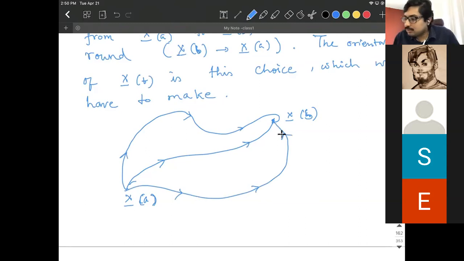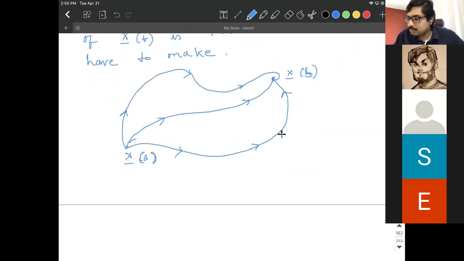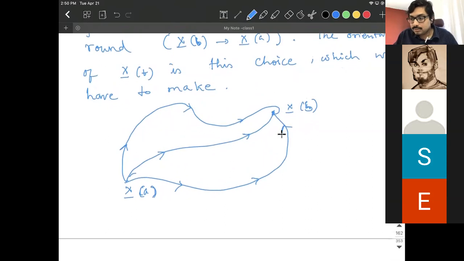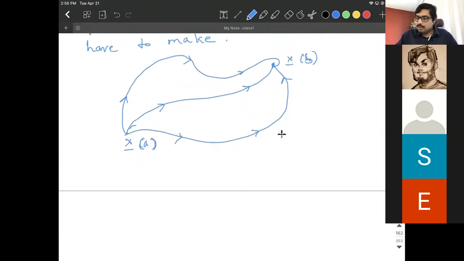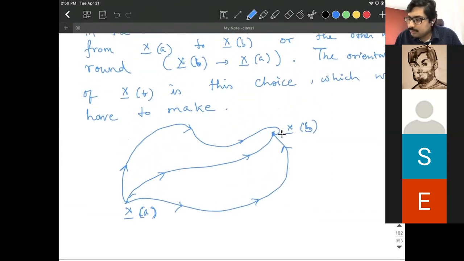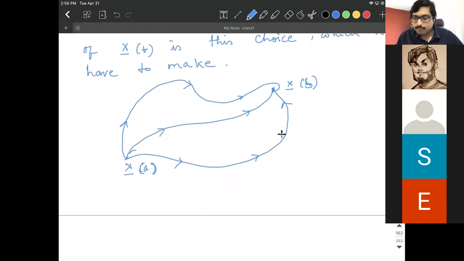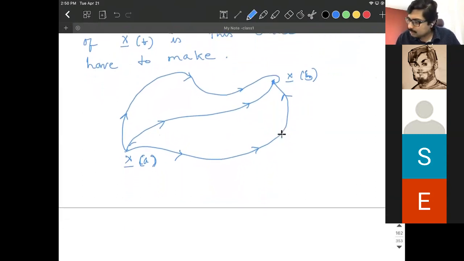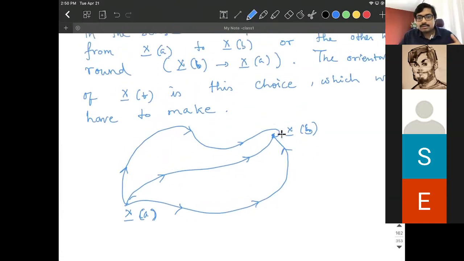Okay, so this is what we mean when we say that you choose and fix an orientation, one particular orientation. We will come back to it a little bit more formally when we do, hopefully, Green's theorem later. But anyway, this particular choice is called orientation.